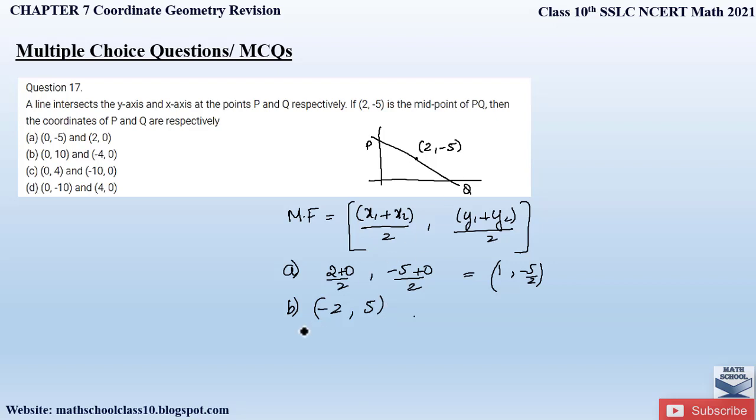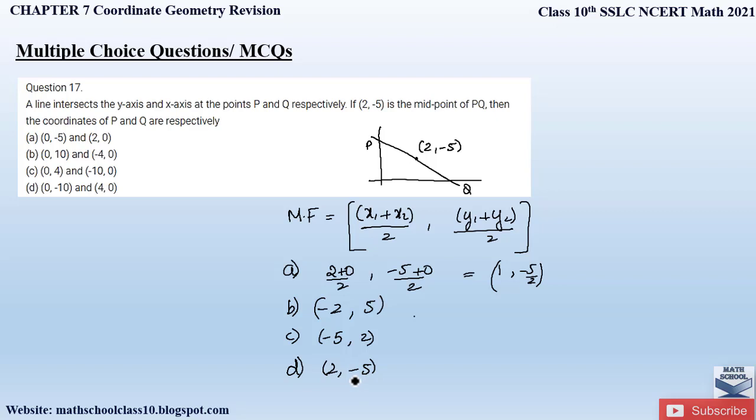Is it correct? No. If we go to option C, 0 plus -10 is -10 divided by 2 we get -5, and 4 plus 0 is 4 divided by 2 is 2. So is this the point again? No. Our last option is option D. Let us check. 0 plus 4 is 4 divided by 2 is 2, -10 plus 0 is -10 divided by 2 will be -5.